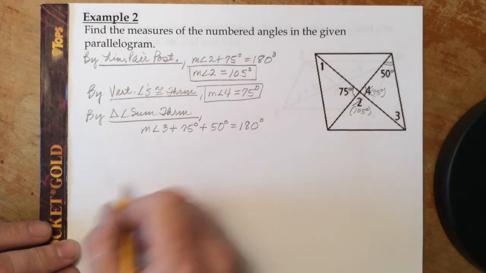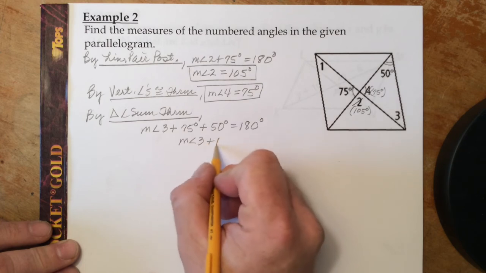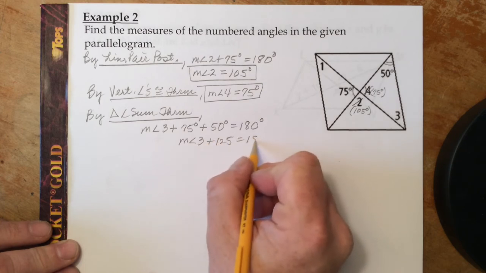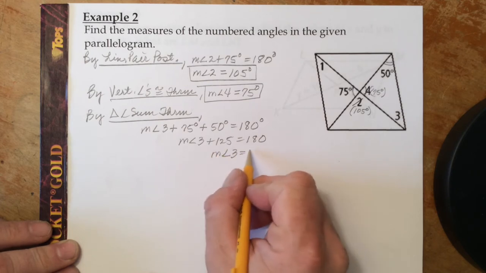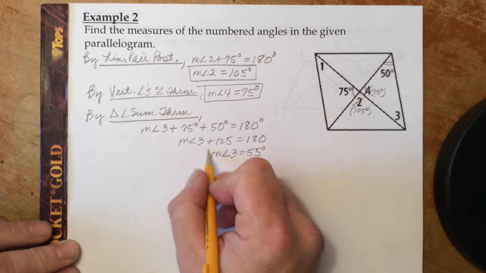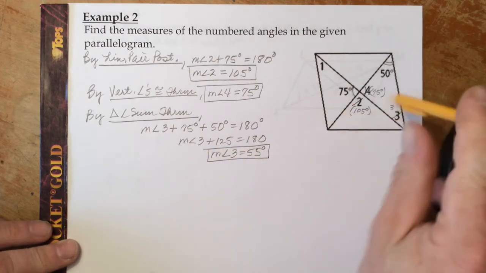Combining these terms, we have the measure of angle 3 plus 125 equals 180. Subtract 125 from both sides, and the measure of angle 3 is 55 degrees. So the measure of angle 3 is 55 degrees.